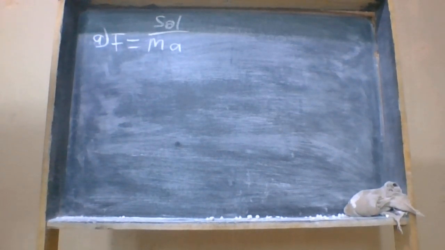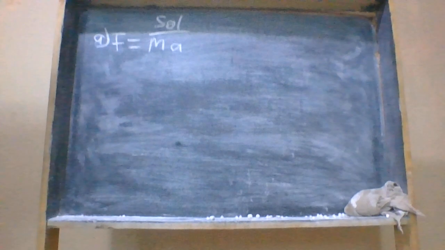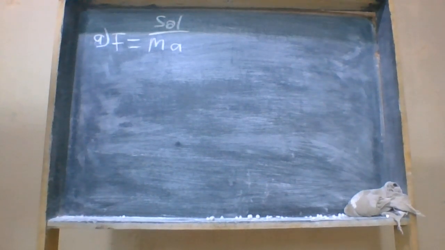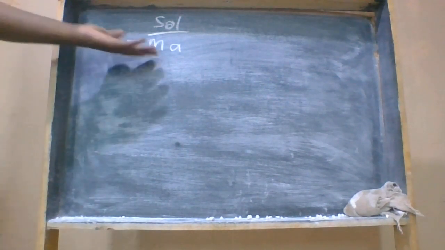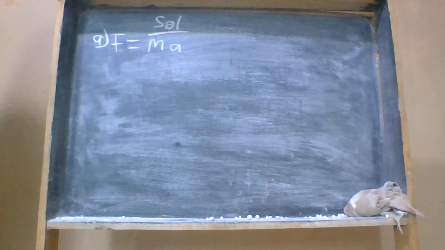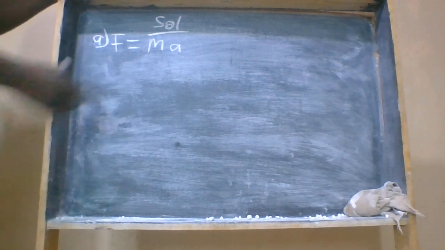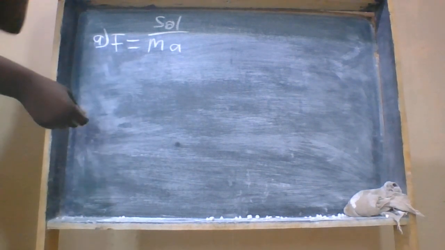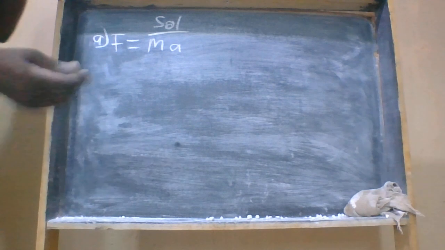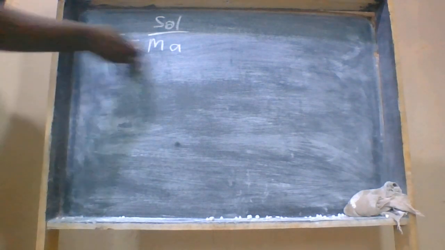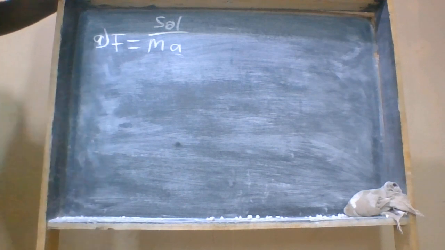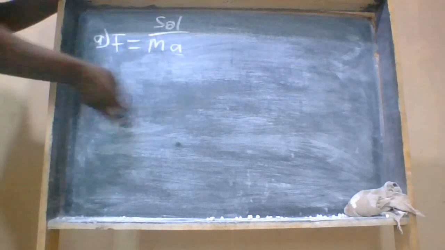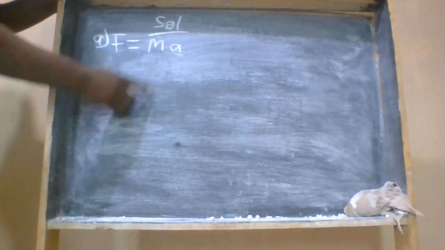We know that the formula for calculating force is the one we have been given on the board, which is force equals mass times acceleration. Unfortunately, when you are given such questions in an exam, most of you as pupils use this very formula and then the substitution method, and at the end of the day, the answer becomes wrong.